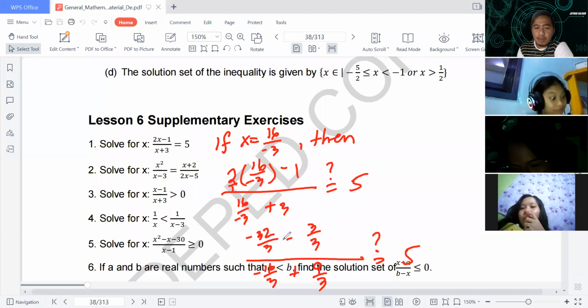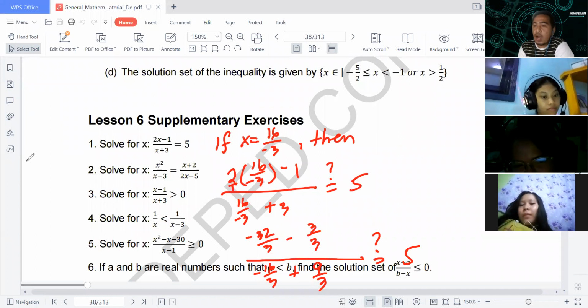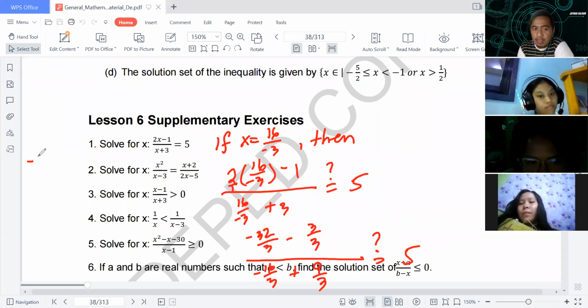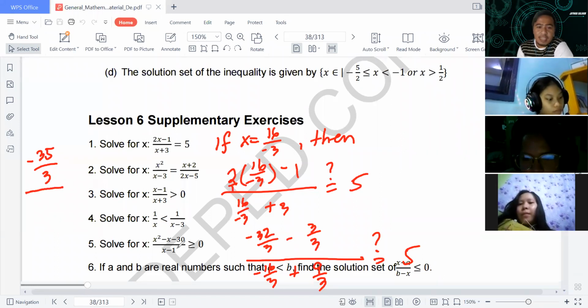So, what is the answer for the numerator? Negative, negative. So you just have to copy the sign, right? And you add the numerators. So your answer would be negative 35 over, you copy the denominator, 3. Okay. How about in the denominator? Negative, positive.